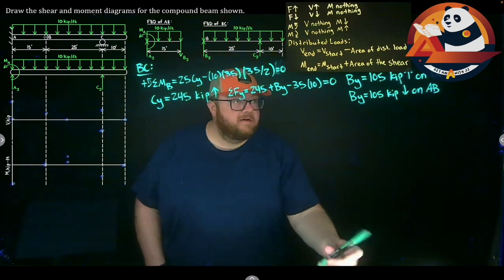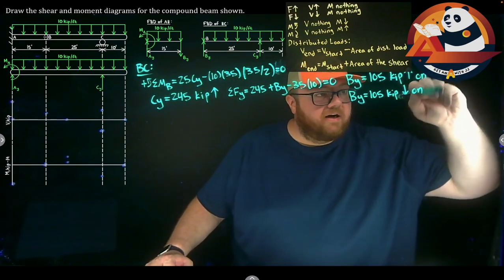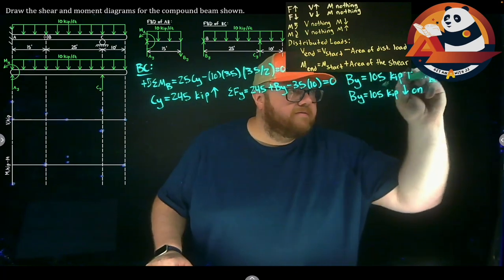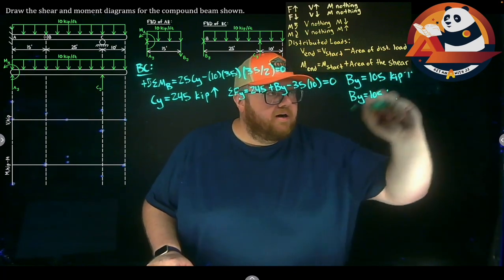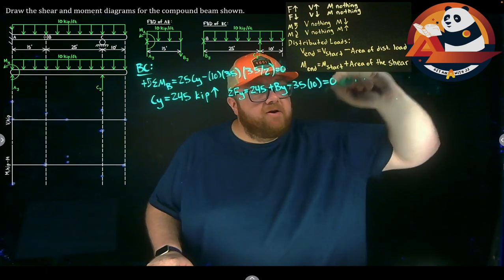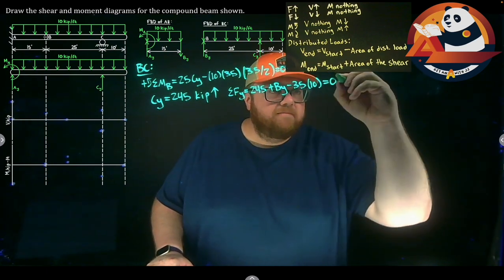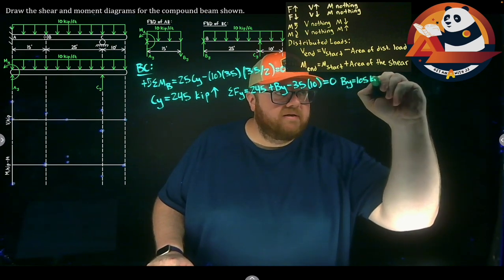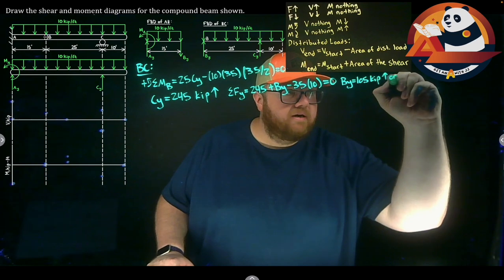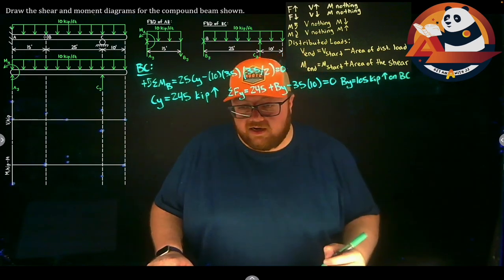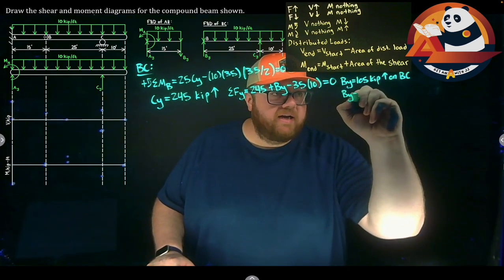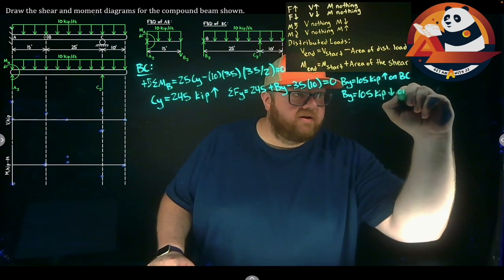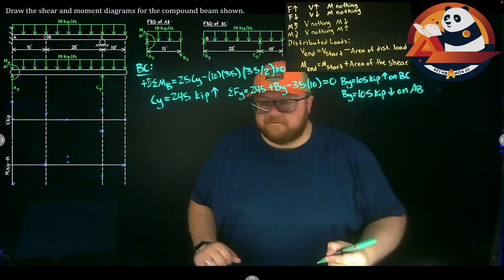BY was 105 kips going up on BC. BY is 105 kips going down, equal and opposite, on AB.